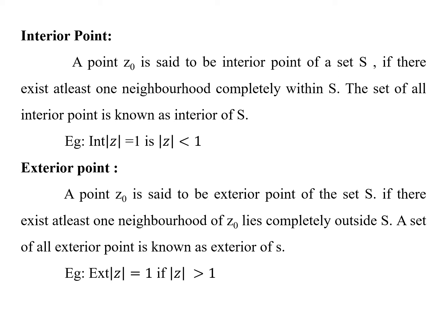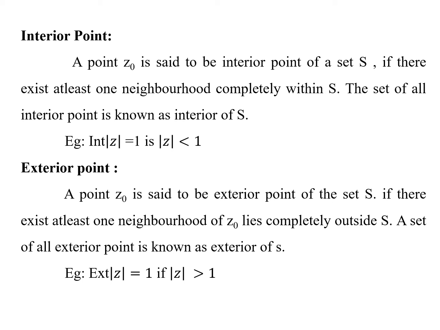For example, we can take the center point 2, and we draw a circle with 2 centimeters. Within this there are an infinite number of points within the circle. So we draw a circle with 1 centimeter distance from 3.